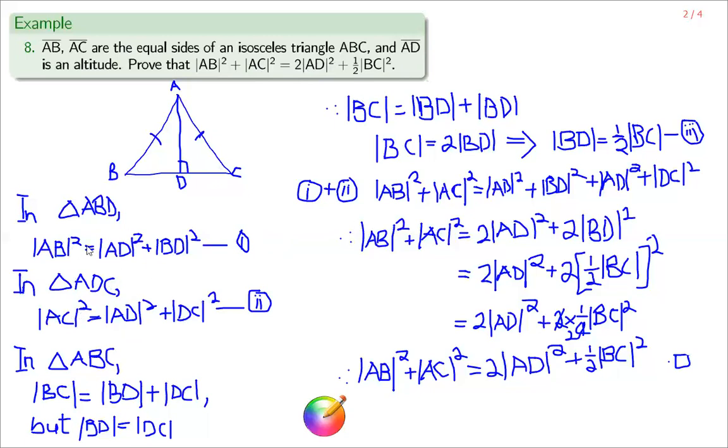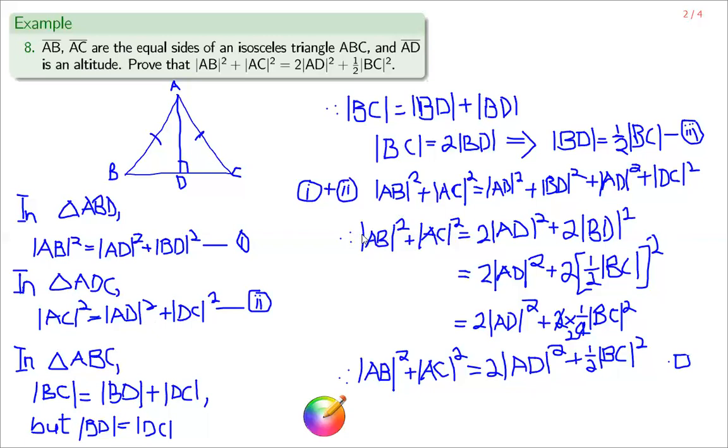So what do I have at the left-hand side of equation 1? AB squared. And the term at the left-hand side of equation 2 is AC squared. That is AB squared plus AC squared equal to the right side of equation 1, AD squared plus BD squared. That's what I have over here. Plus the right side of equation 2, AD squared plus DC squared.